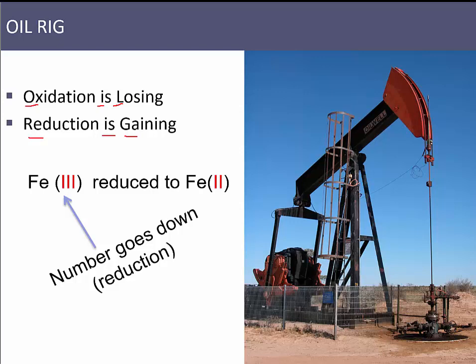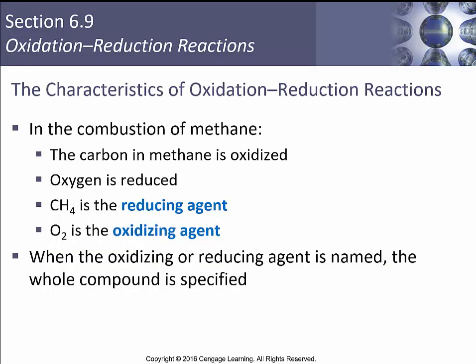In the combustion of methane, our carbon in methane is oxidized and our oxygen is reduced. Right? Oxygen is the oxidizing agent. So oxygen, O2, is a good oxidizing agent. Right? That's a good oxidizer.